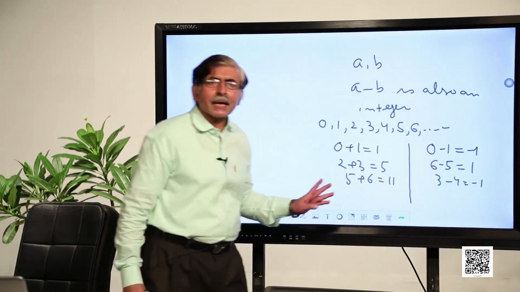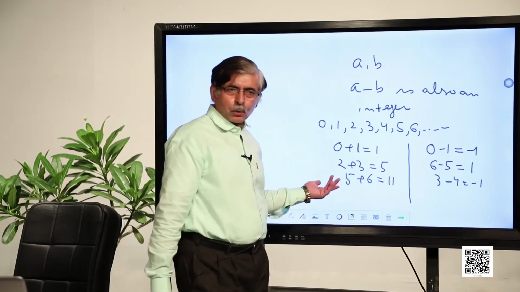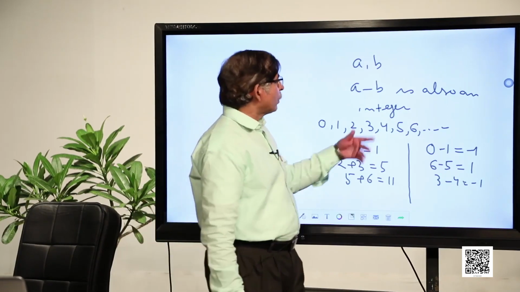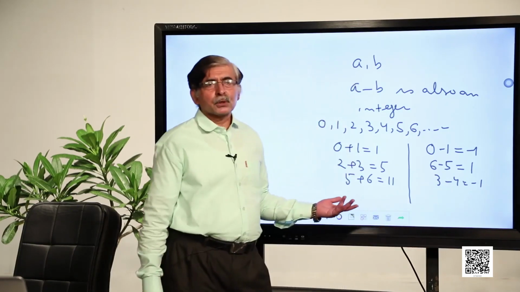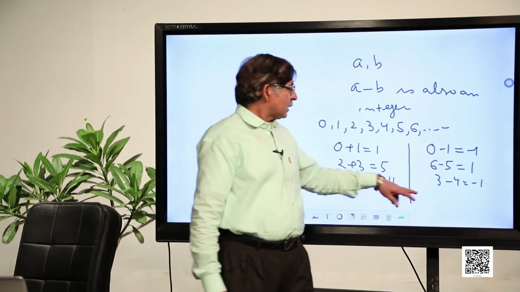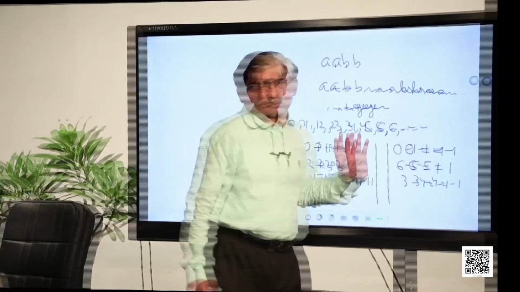So, in case of addition of whole numbers we get a whole number, but if we subtract two whole numbers we may not get a whole number. So, in case of subtraction this property will not hold.